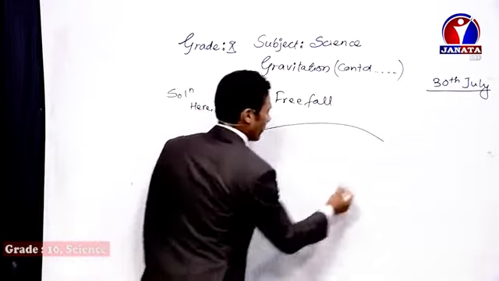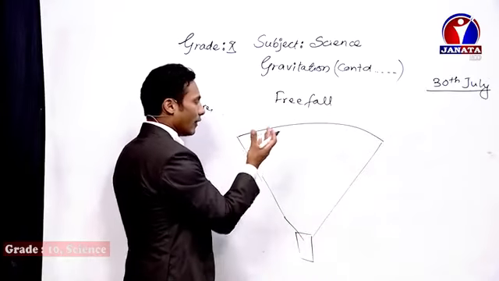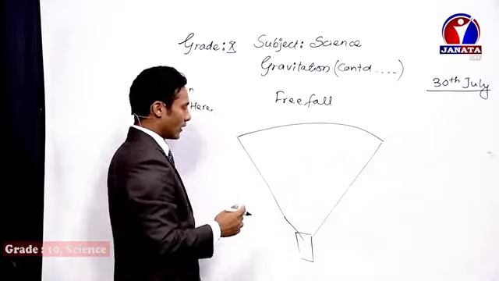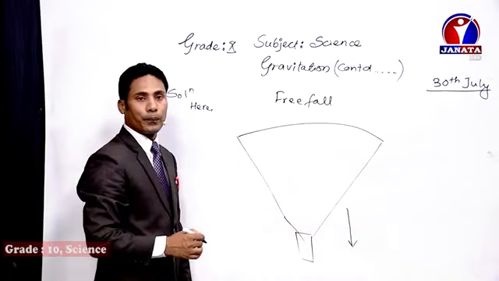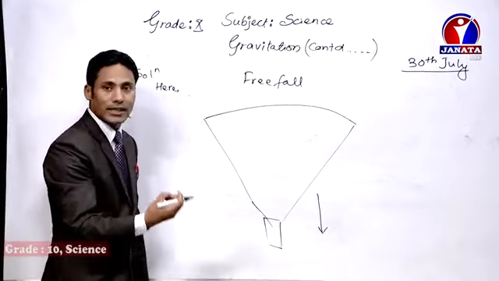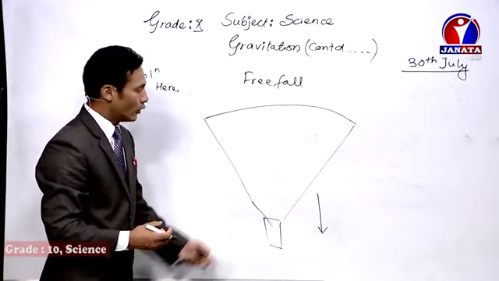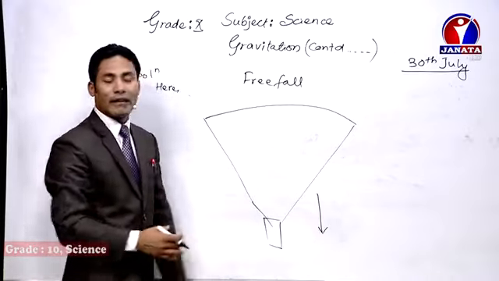Suppose this one is the parachute, right? Then when the object is falling in the downward direction, the weight or gravity acts on it, which pulls the object towards its center. That is the gravity, right? At the same time, air is present in the atmosphere.